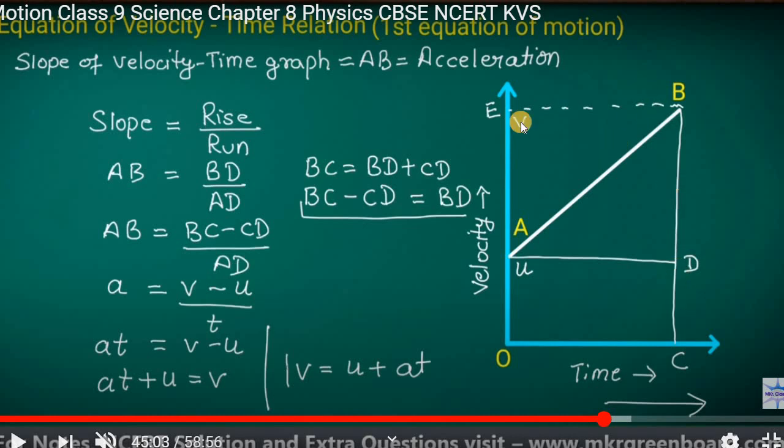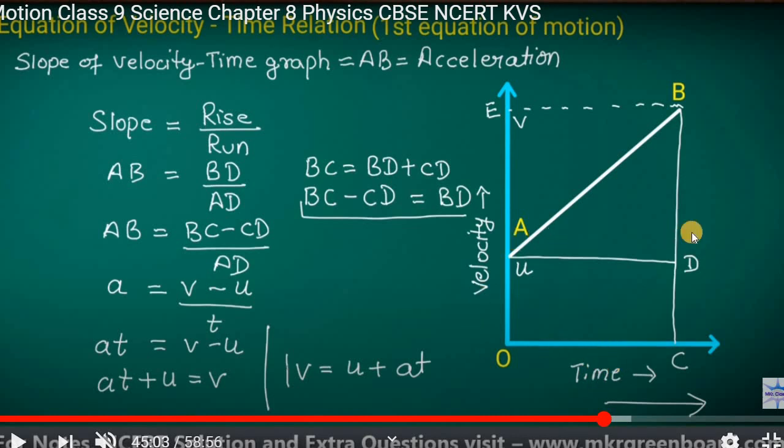This BC is equal to OE, and OE is equal to V. So instead of writing BC, we can write V. And CD is parallel to OA. So OA is equal to U. So here we write U instead of CD, divided by AD. AD is parallel to OC. So AD is equal to OC, and OC is the time.